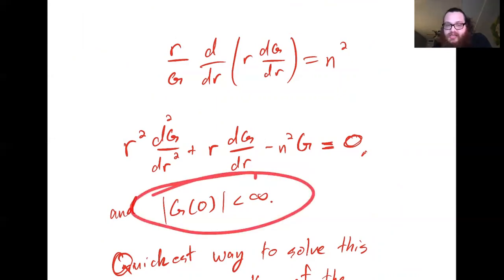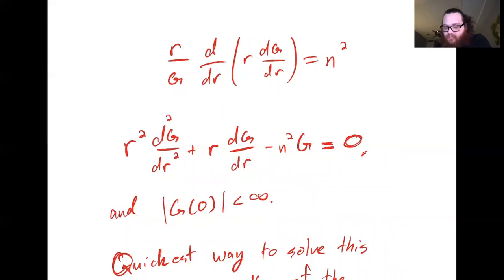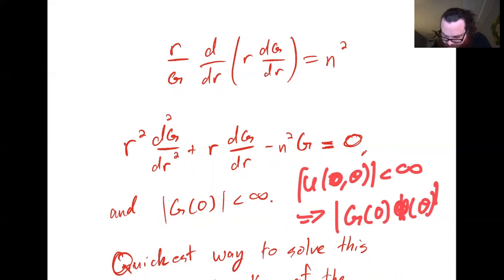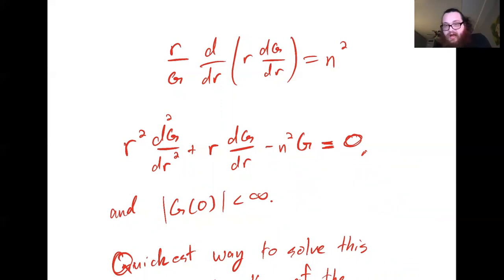In this case, we need G of 0 to be finite. You could write it out: U of 0, theta finite means that G of 0 times phi of theta is finite. And so that has to hold true for every possible theta, so every possible phi of theta, which forces G of 0 to be finite, because we know what phi looks like.